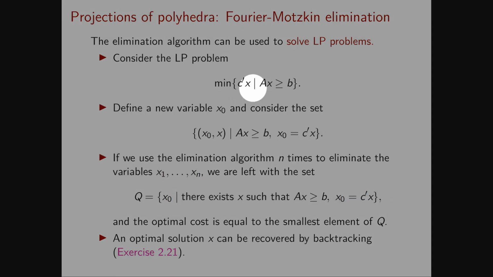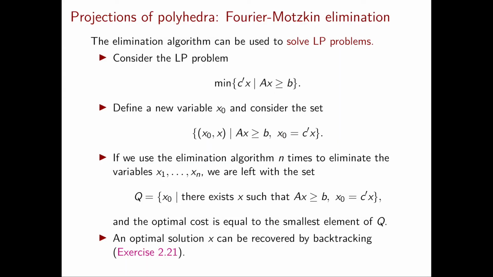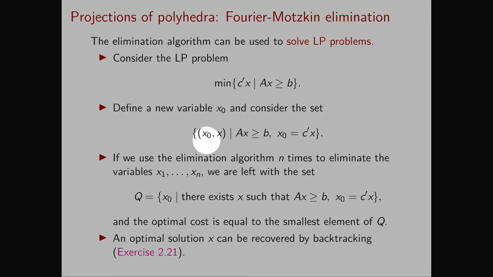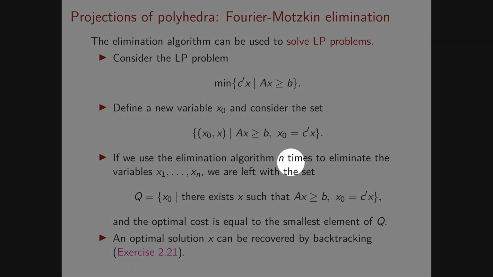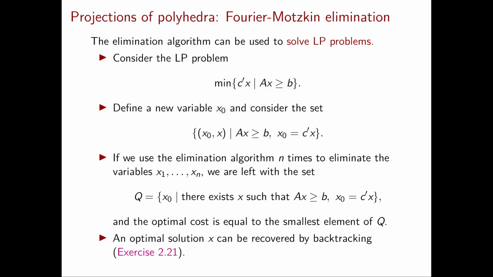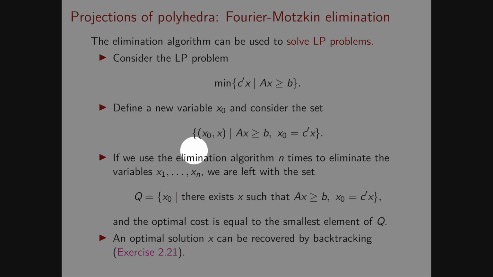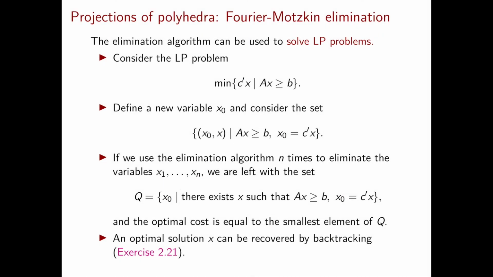Now, assuming that the original vector x is n-dimensional, our new polyhedron is of dimension n plus 1. What we want to do next is to use the elimination algorithm n times to eliminate all the original variables x1 to xn. So essentially we want to obtain the projection onto the space of the x0 variable.